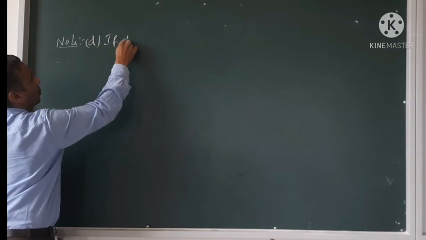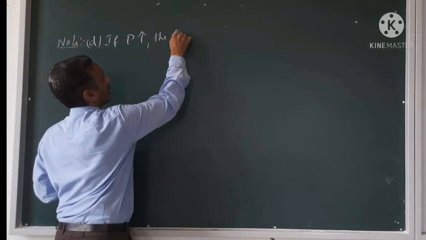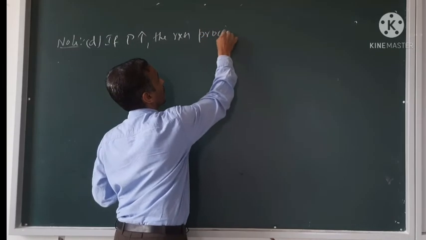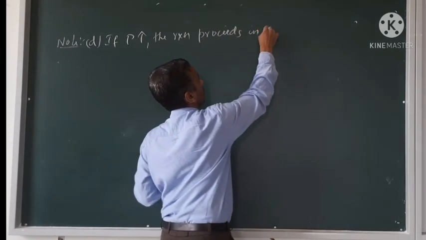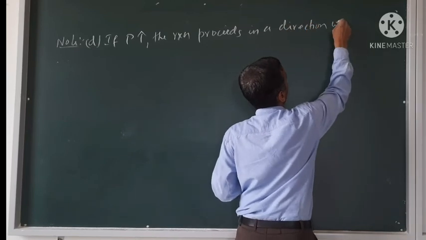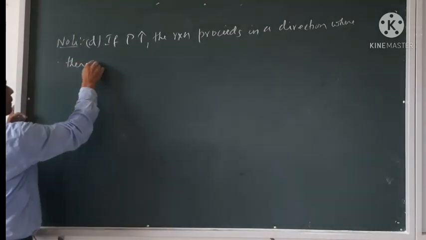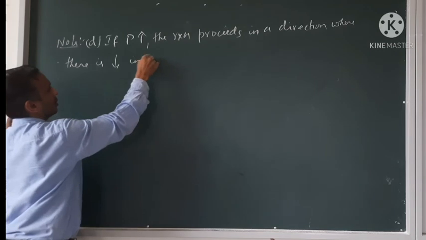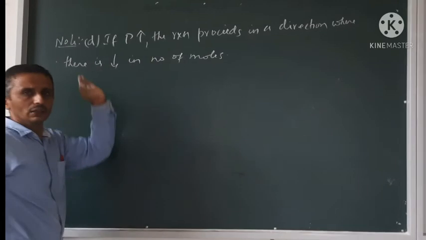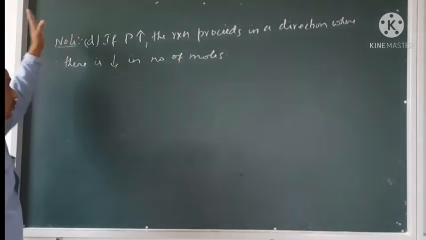If pressure is increased, the reaction proceeds in a direction where there is a decreasing number of moles, or the reaction is favored in a direction where the number of moles decreases.